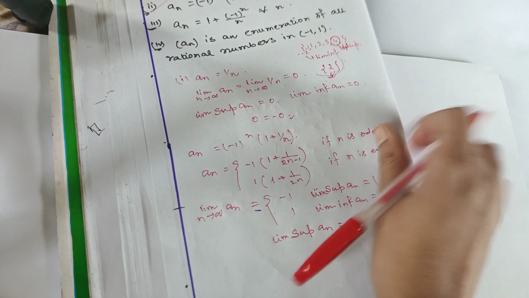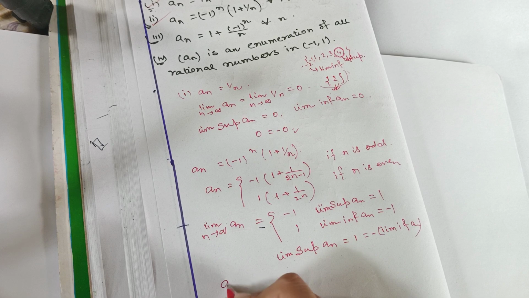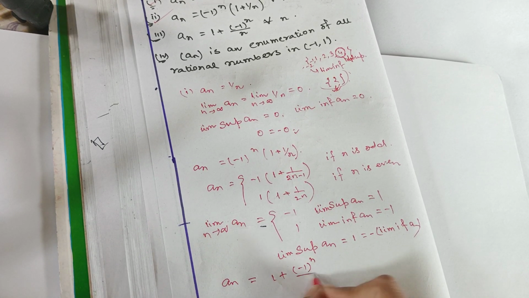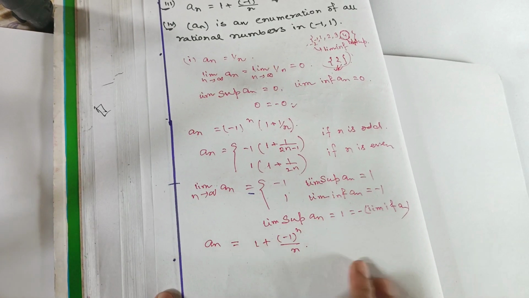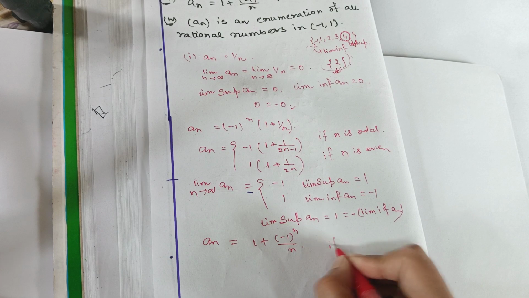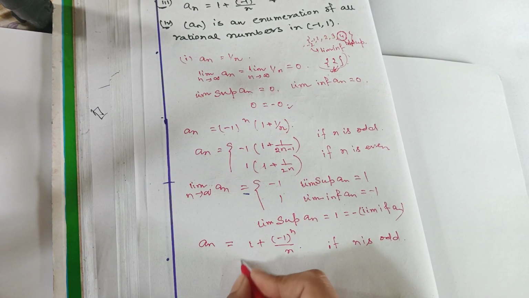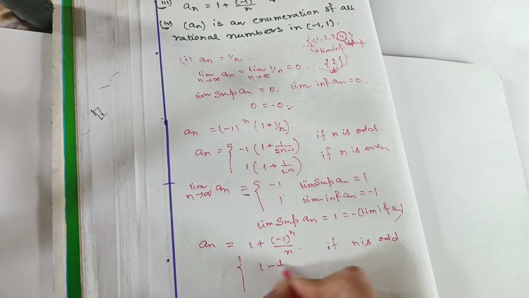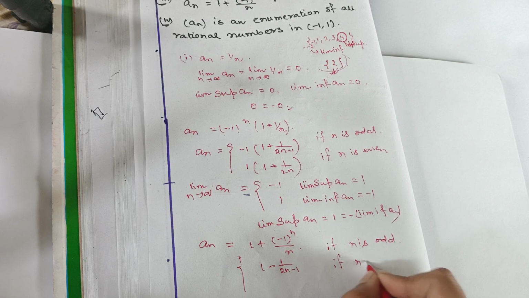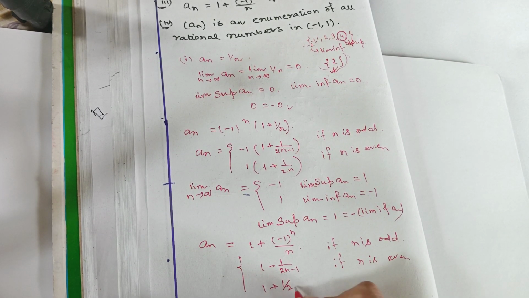Okay. The third option says that a_n equals 1 plus minus 1 whole to the power n by n. Similarly we can distribute into even and odd terms. If n is odd, we find 1 minus 1 by 2n minus 1. If n is even, we find 1 plus 1 by 2n.